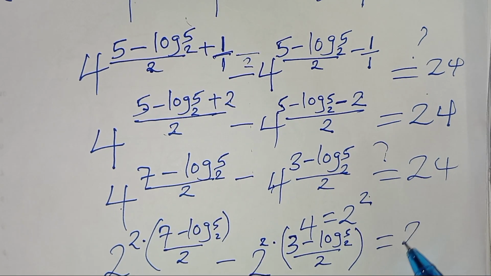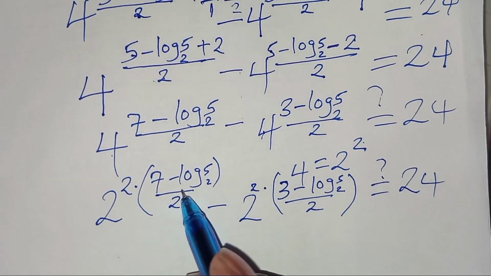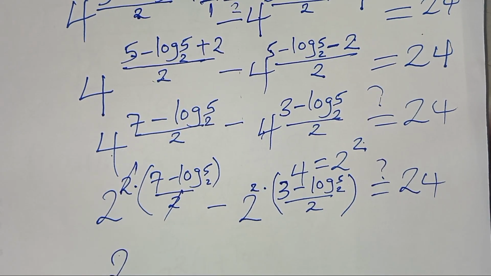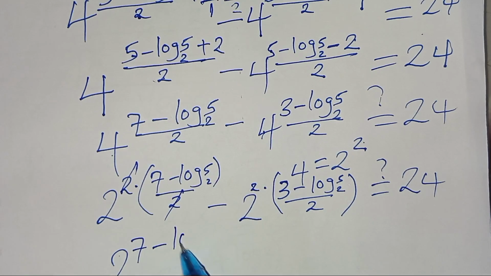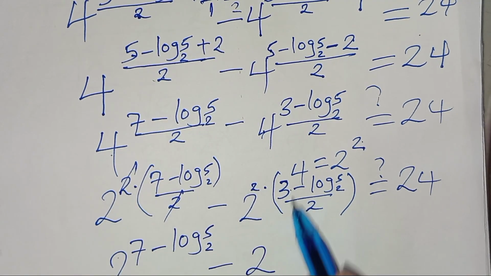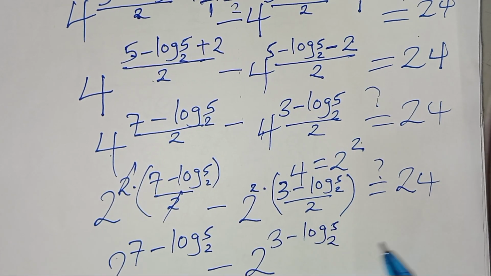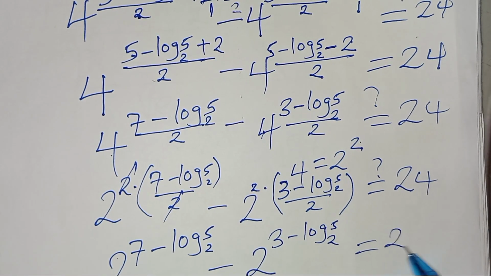This should give us a value of 24. Now let's simplify here, so that we'll have 2 to the power of 7 subtract log 5 to base 2, minus 2 to the power of 3 subtract log 5 to base 2. This should give us a value of 24.